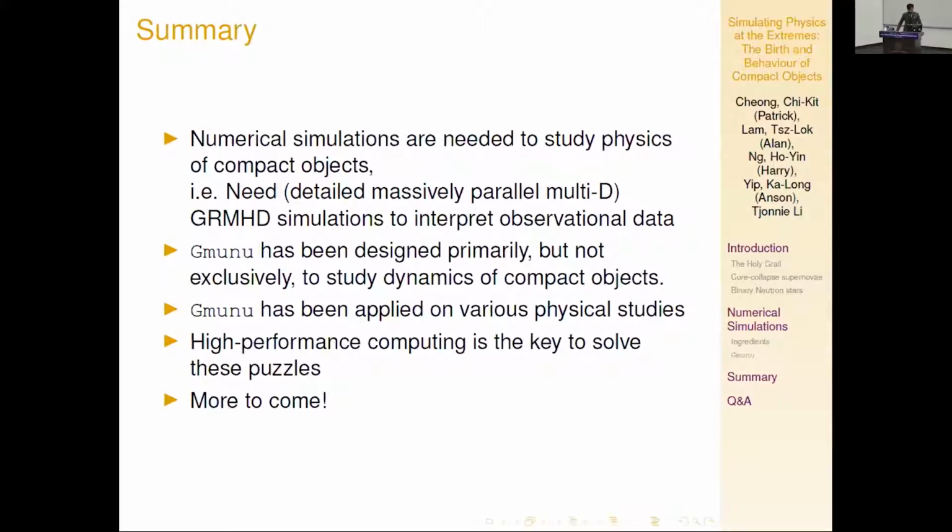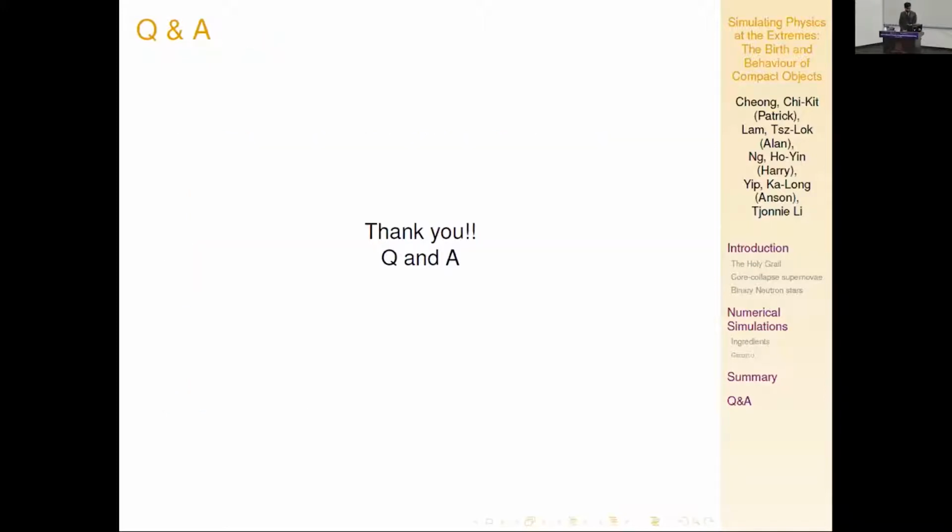The code we developed is primarily, but not exclusively, for studying compact objects. Since it is actually a generic magnetohydrodynamic code, it can be used, for example, as the next speaker might talk about, in star formation and so on. Also, high performance computing is the key to resolve these puzzles. So more to come, and hopefully we get some chance to collaborate together. This is pretty much my talk. Thank you.